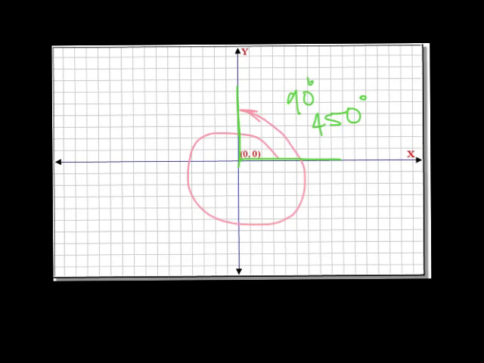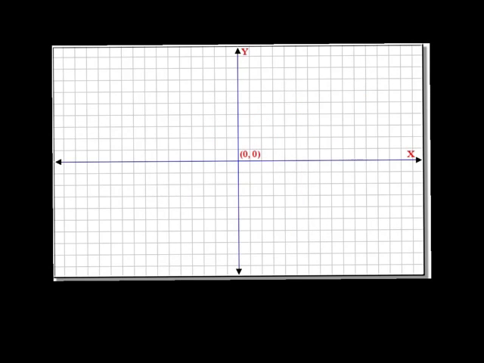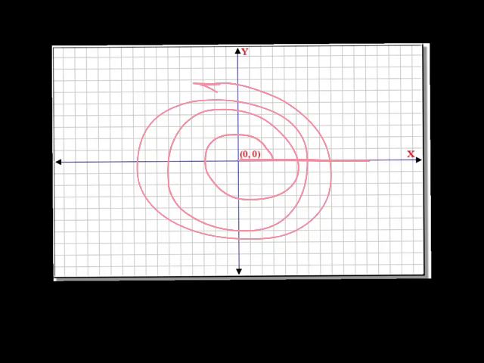I start here and I go all the way around and around and around, and I get all the way over to 830 degrees. Well, that's also a 110 degree angle. So 830 and 110 are coterminal because they have the same terminating angle there.